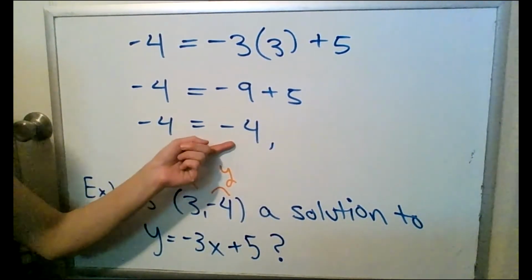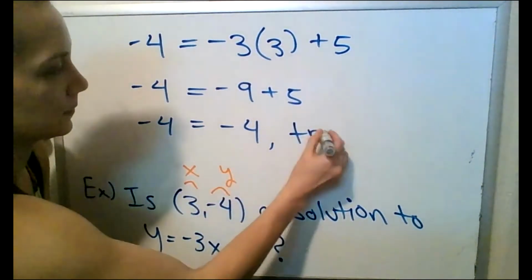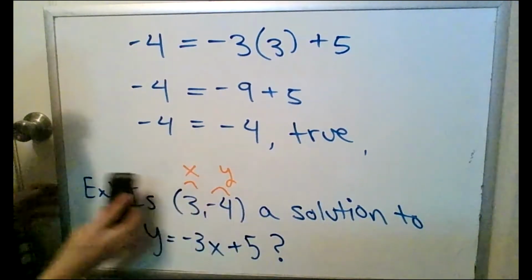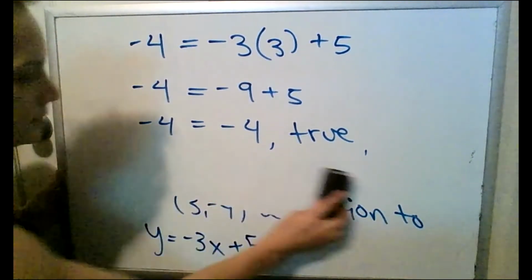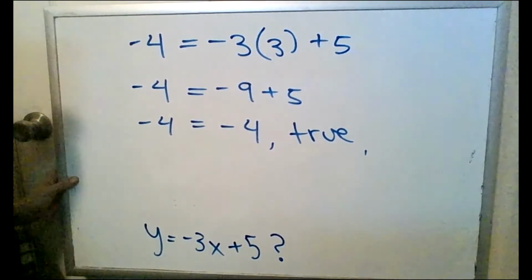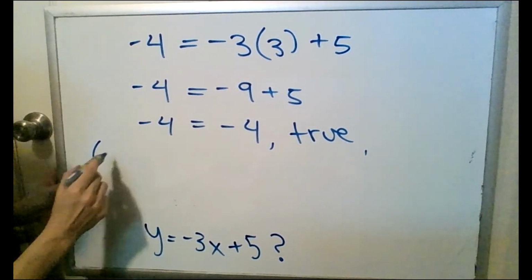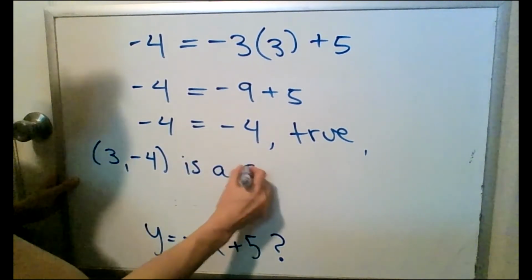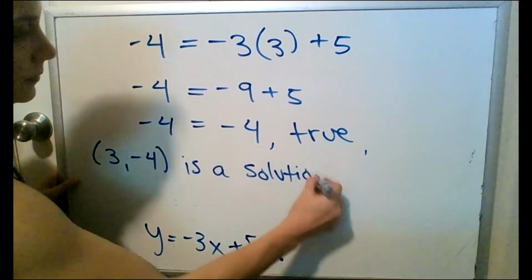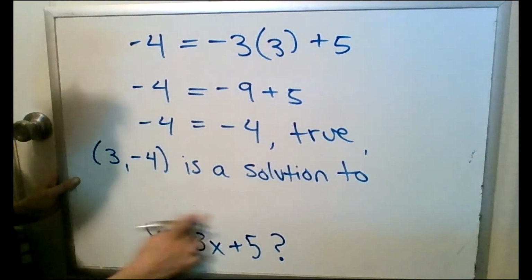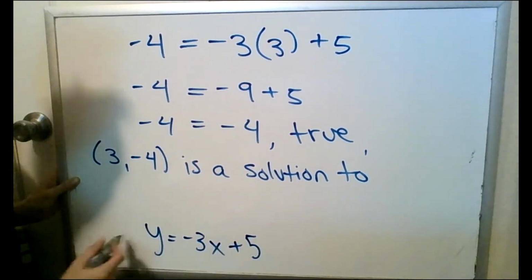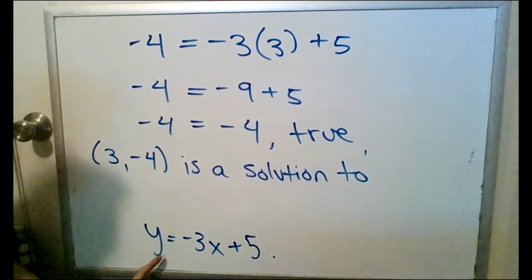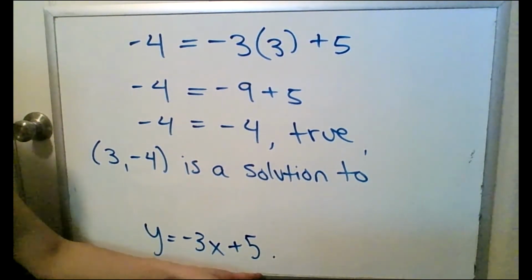So this is a true statement, which means that 3, -4 is a solution to that equation, y equal to -3x plus 5.